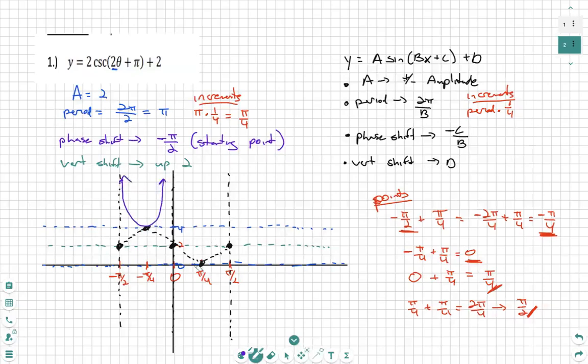We do a little U, we do one there and one there, because that's where it hits the amplitudes. That is your reciprocal cosecant function, the purple graph there. So as you can see, the process remains the same. We do everything the same, and then just draw these extra asymptotes and draw the graph outside of the amplitudes rather than inside the amplitudes.